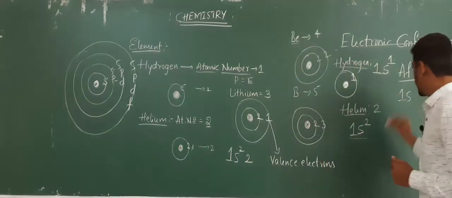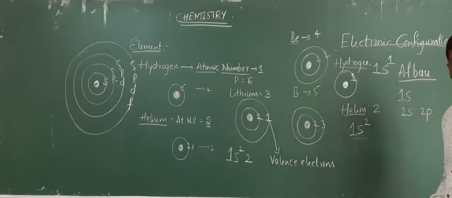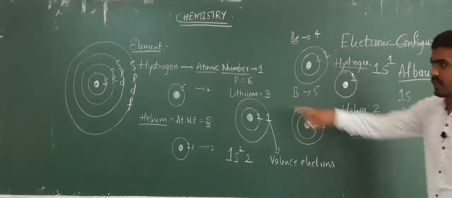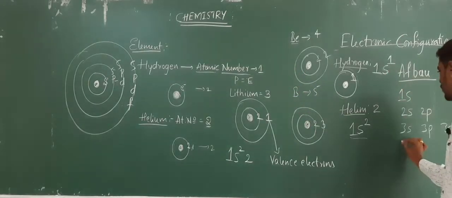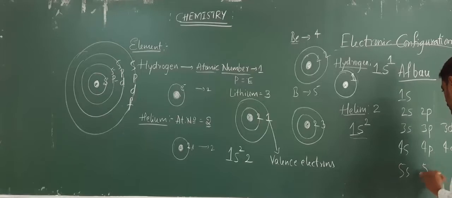That means you have to write first 2s 2p in the second shell, then 3s 3p 3d in the third shell, in the fourth shell 4s 4p 4d and 4f are there, and next 5s 5p 5d in the fifth shell. So on, as we move on, the number of shells increases, 6s, 7s.